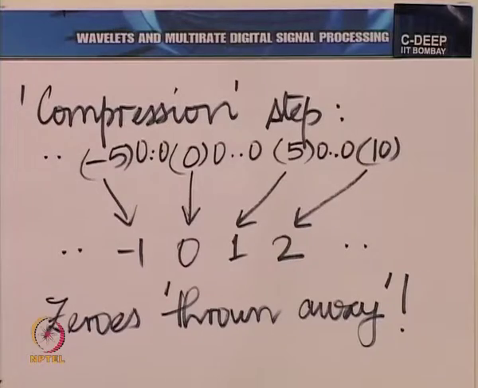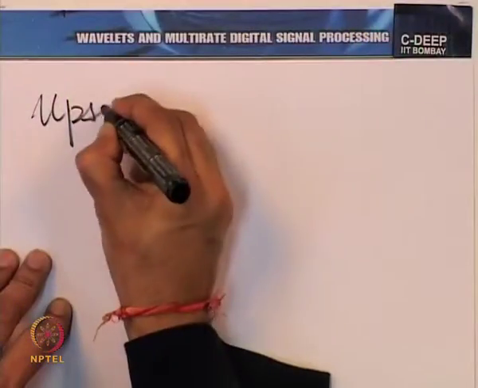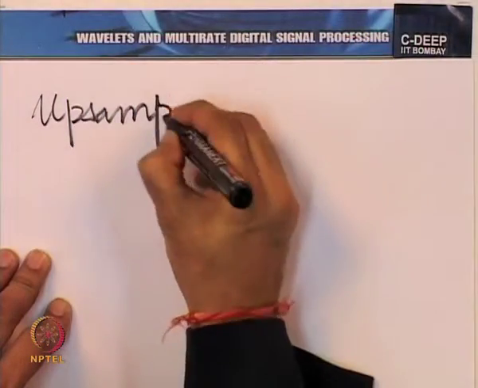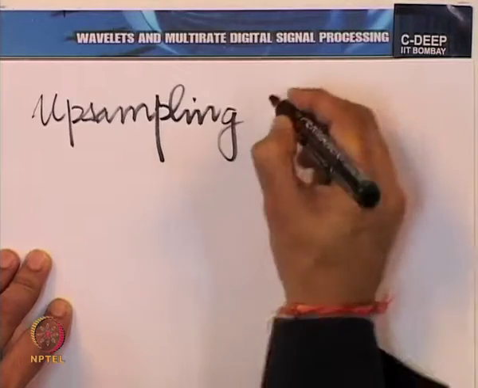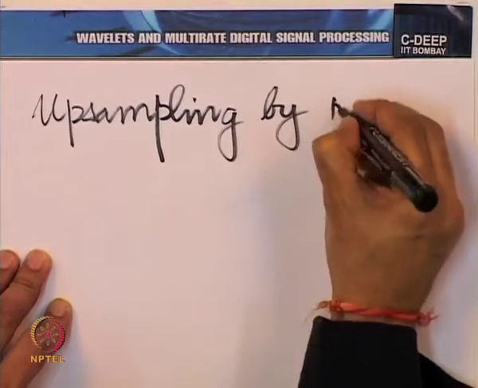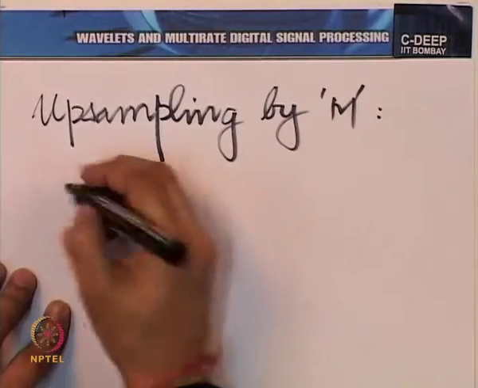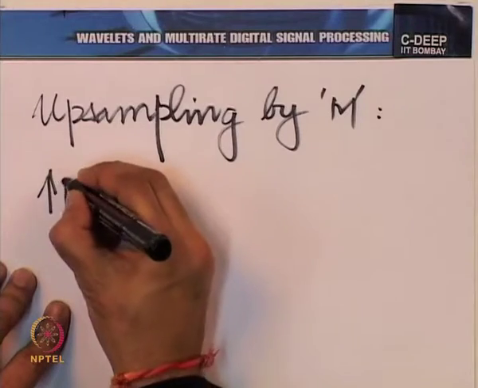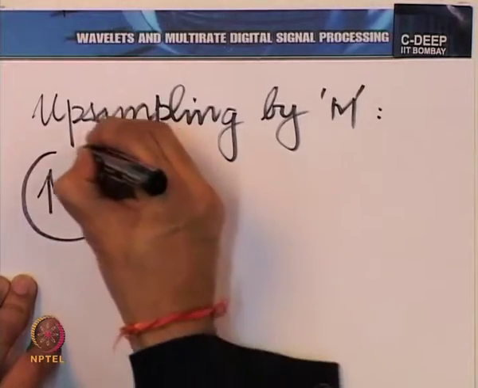So, now we understand how to generalize downsampling. In a similar way, we can generalize upsampling. Suppose we have upsampling by m, which we denote up arrow followed by m.